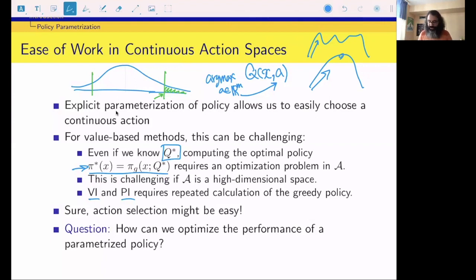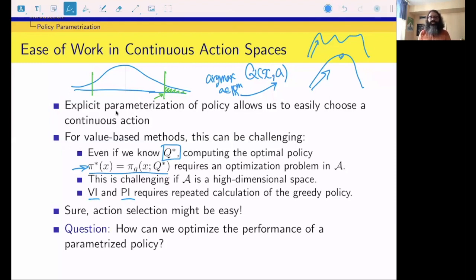Maybe I should mention something else. These days, many papers use some form of explicit policy representation. You will see that they have policy gradient methods or hybrid methods between value-based and policy search methods. They call these actor-critic type algorithms.